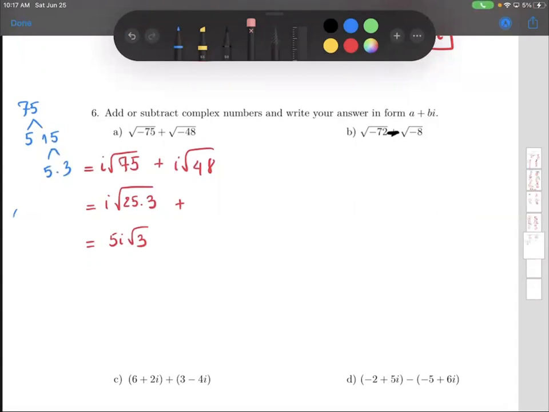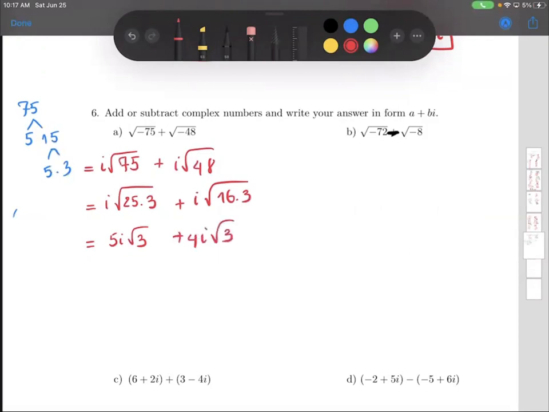So 48 divided by 16 is 3. So 16 times 3. So the square root of 16 is 4, so that's 4i. And the square root of 3 is the square root of 3.